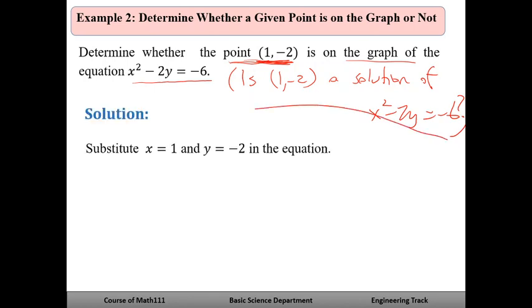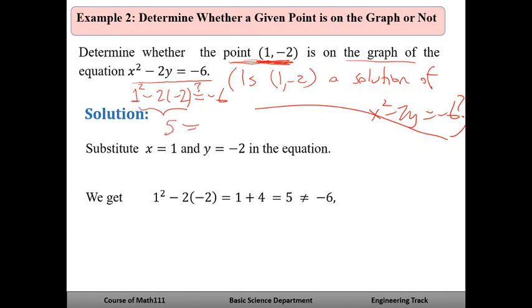Now, let's see. You substitute them in the equation and you check. We put here 1 squared minus 2 times minus 2. Is it equal to minus 6? As you see, this makes 5. 5 is not equal to minus 6.